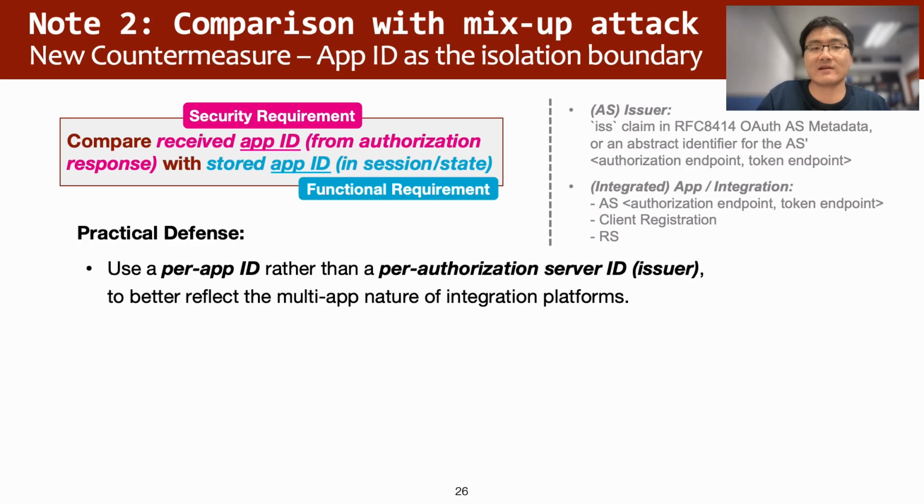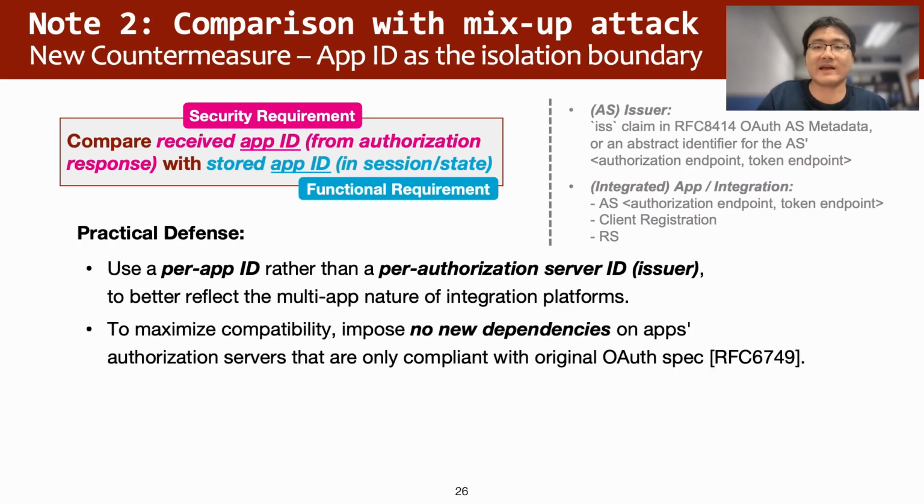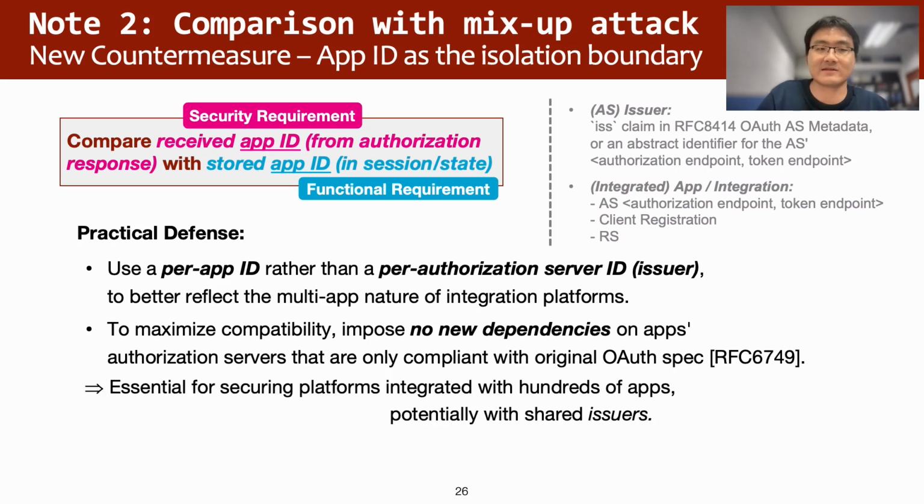We highlight that for both functional and security needs of active app tracking, it should use this app-specific identifier, which is a more suitable identifier than the issuer, which is an authorization server-specific identifier. And moreover, this defense turns out to be a robust countermeasure that kills two birds with one stone, so it mitigates both code and token attacks.